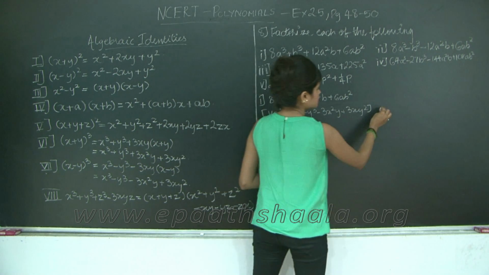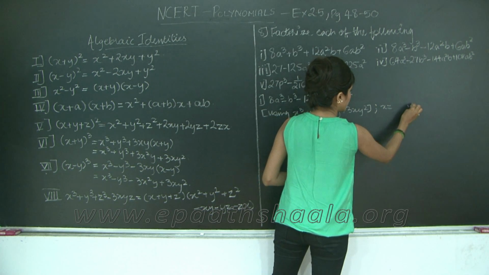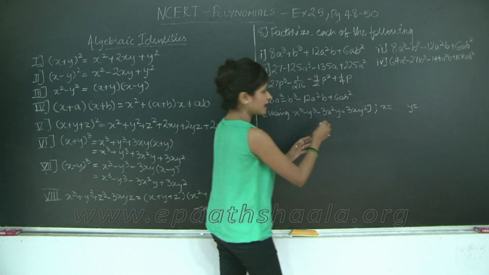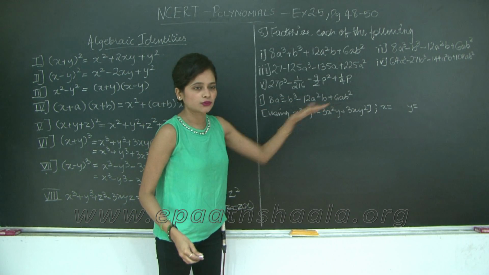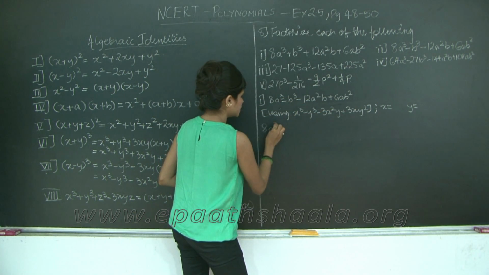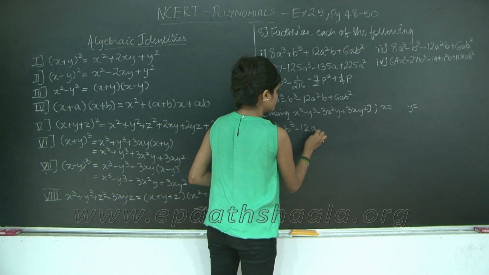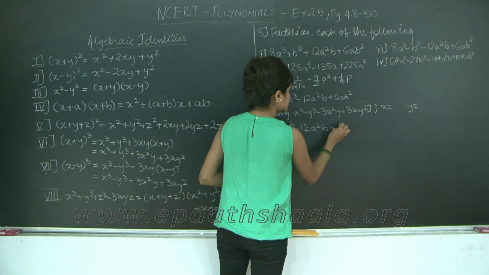Just leaving some space for x is equal to and y is equal to, okay, because we will have to find it out to replace it into this equation. So rewriting my question, which is 8a cube minus b cube minus 12a square b plus 6ab square.